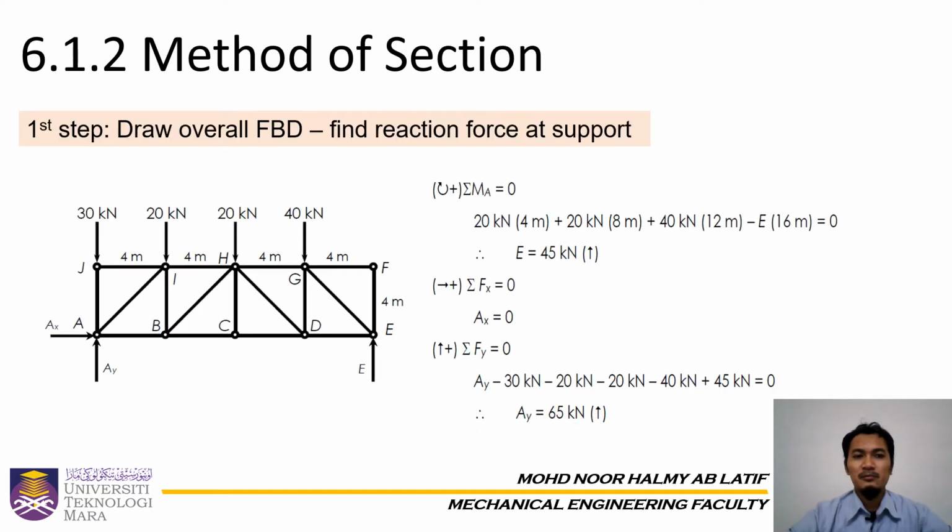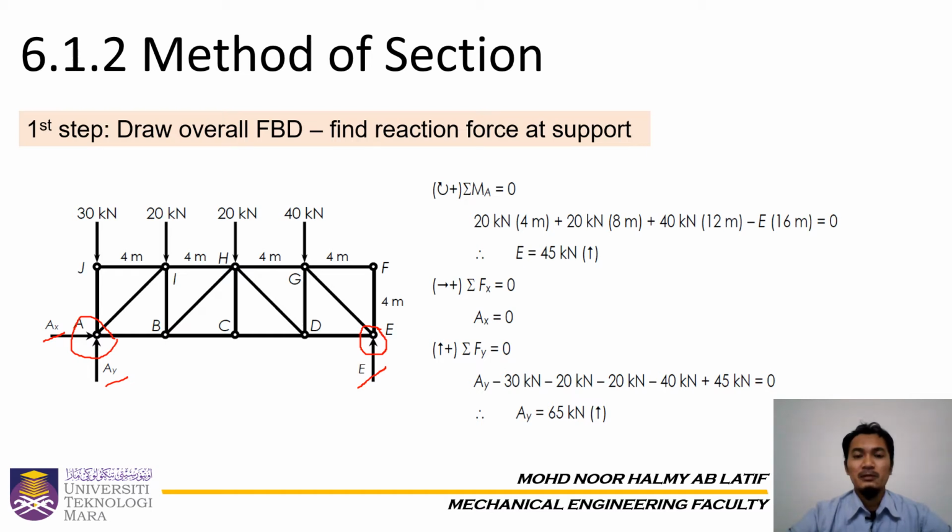First step, we draw the overall free body diagram to find the reaction forces at the supports. Same as the method of joints, you need to identify the types of support that we have. At the pin support, we're going to have two reactions, AY and AX, while at the roller support, we're going to have one force acting, which is EY.